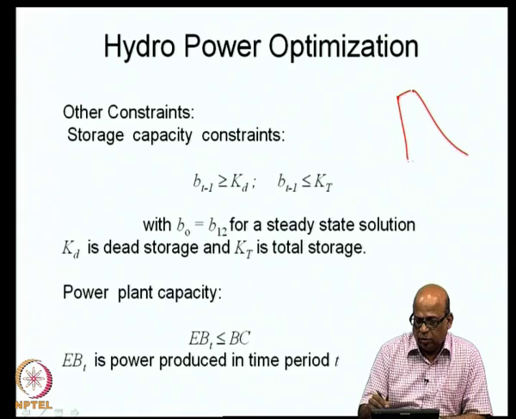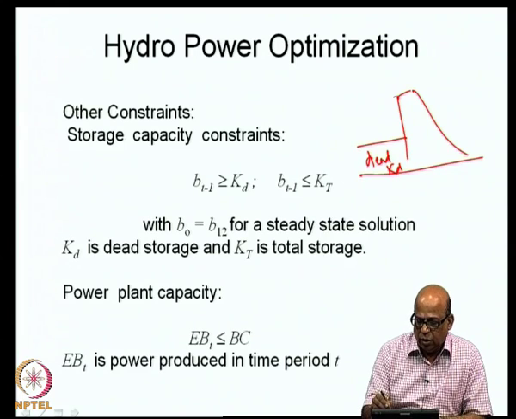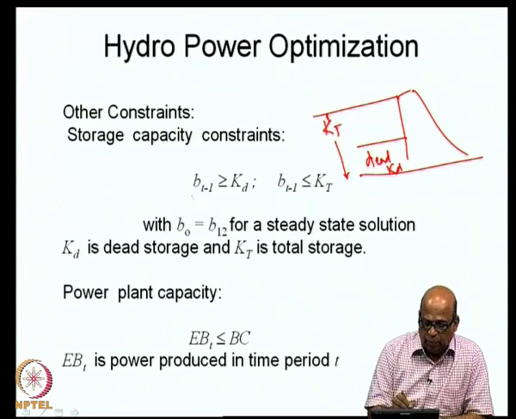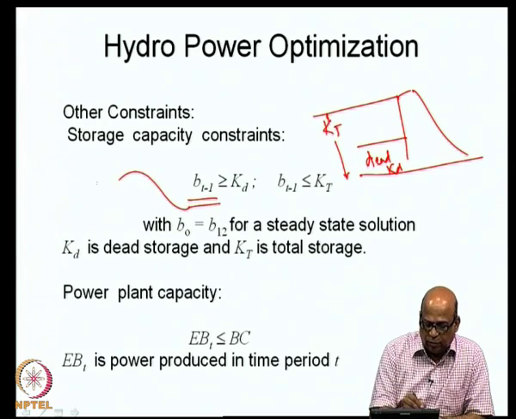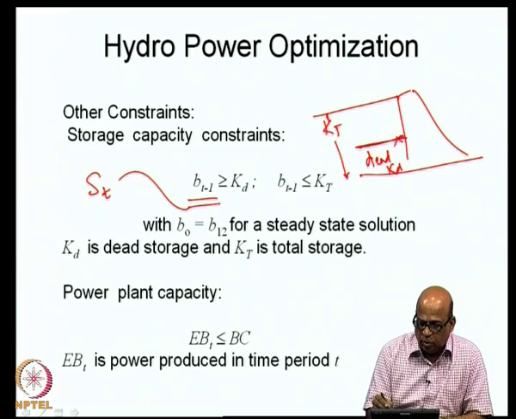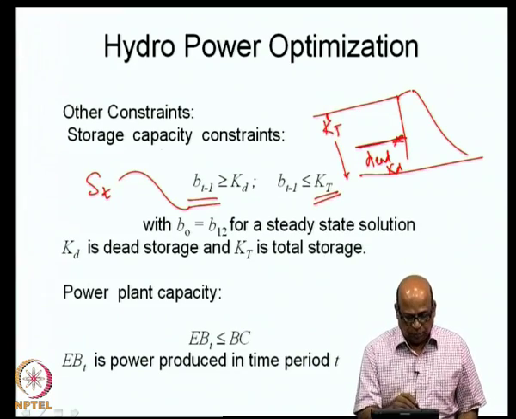Remember, for the reservoir storage, you have a dead storage, denoted as K t, and you have a total storage, denoted as K capital T, and B t minus 1 is nothing but S t. So, we are saying that the storage at any time period t must be greater than or equal to dead storage. We do not want to allow the storage to go down, and at the same time it should be within the total storage K T. So, these are the two constraints that we put for the storage capacity.